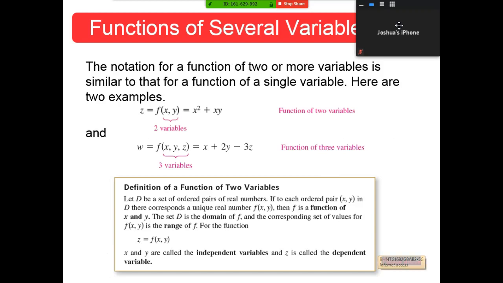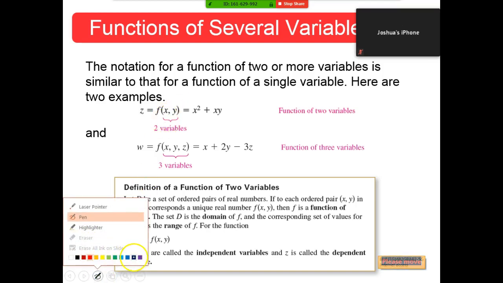The notation for a function of two or more variables is similar to a function of a single variable. Here are a couple of examples. If z, now this doesn't have to be necessarily a position z, but just some z, is some function of two independent variables, the x and the y, anything in parentheses here, are independent variables.